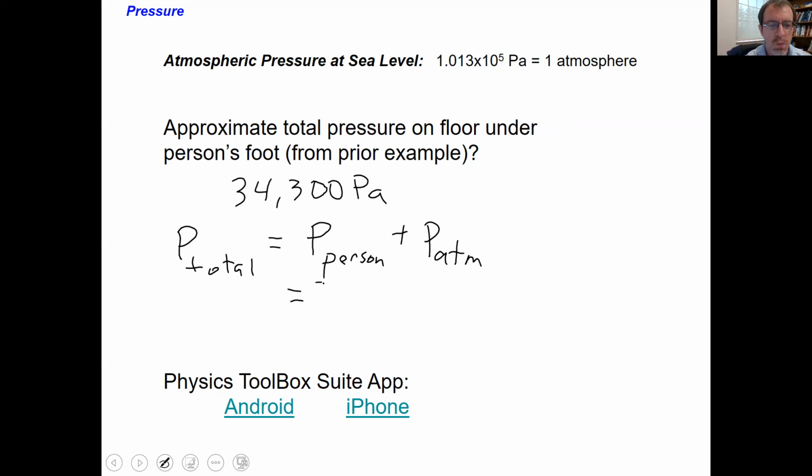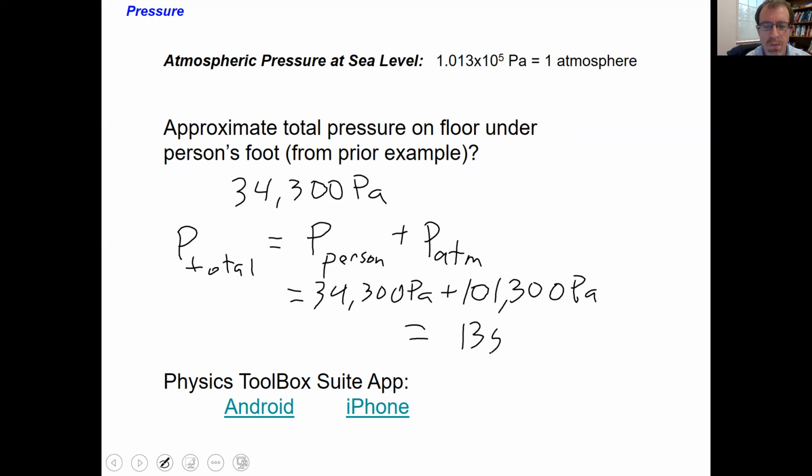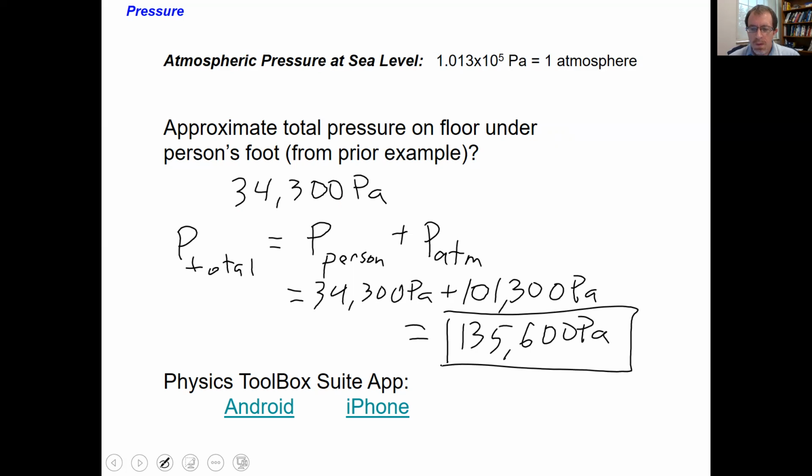And what we end up with here is 34,300 pascals plus 101,300 pascals. And I get 135,600 pascals as my total pressure there. Okay, all right, so that would be the total pressure underneath a person's foot. That takes into account the contribution due to air pressure as well as the person's weight.